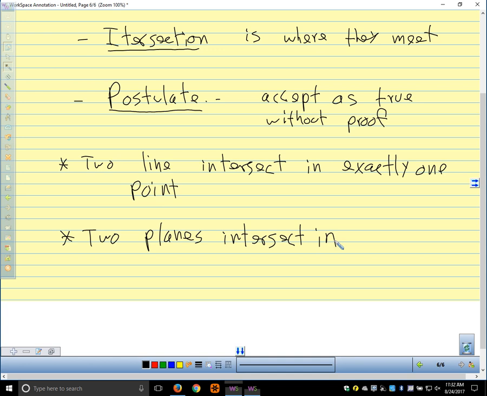So it's going to be a line. Definitely has 2 points on it. The intersection of two planes is a line. So the way we could imagine it is this wall and the front wall meeting in this corner. The corner right where exactly where they touch, that corner, if it extended infinitely, it would be a line that went through the ceiling and through the floor. So two planes intersect in a line.